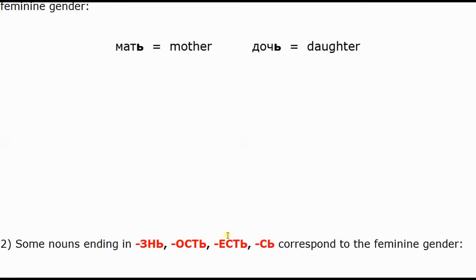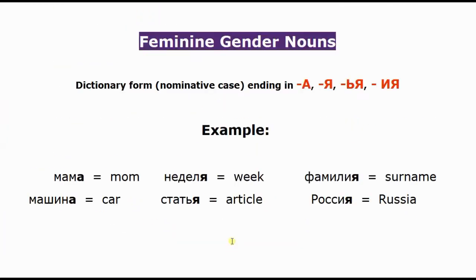If you've watched my previous video on the theme, which was about the masculine gender nouns, you know that there are some exceptions to the general rule that helps us to establish the masculine gender nouns, which is that some masculine gender nouns can end in а and я.